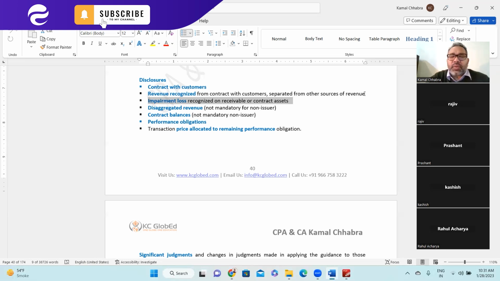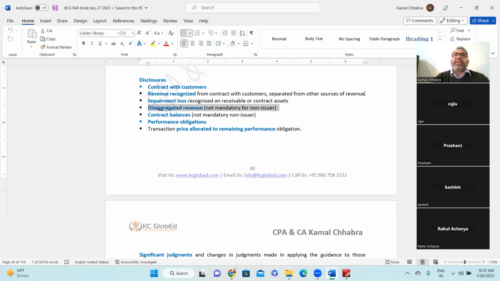So you presume the fair market value, the present value of the future cash flow, and how it is less than the book value for which you have recognized the impairment loss, that you need to disclose separately.